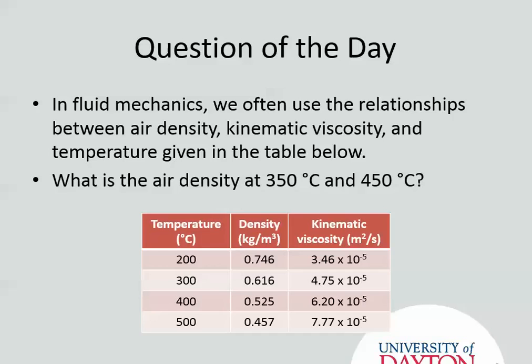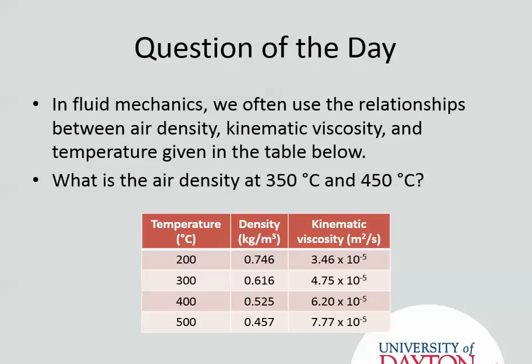Well, didn't we just do that? We got the interpolation between the values, right? So where would 350 degrees Celsius be on this plot? Between which 2 points? x0, x1, x2, x3. Where does it fall between? x1 and x2, because we said 300 and 400 are x1 and x2.